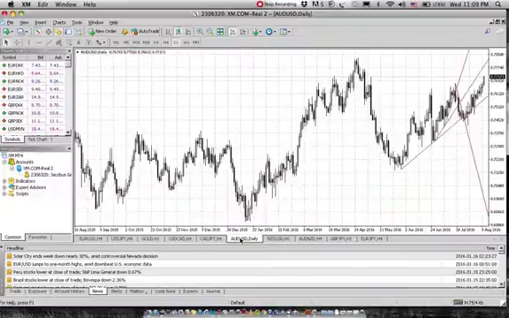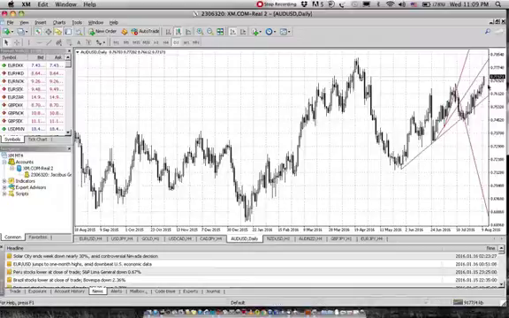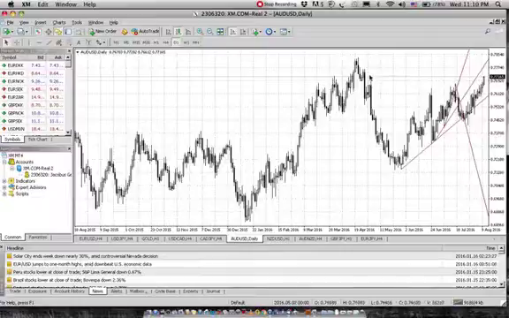Aussie dollar, US dollar, you can see that the market is continuing its very strong bullish pattern, and it is currently on the day chart right at this level, which was also tested over there.